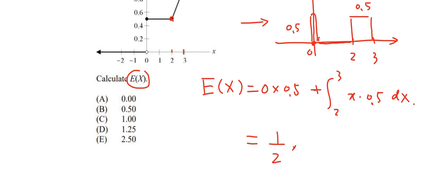So x dx integrates out to half times (3 squared minus 2 squared), right?